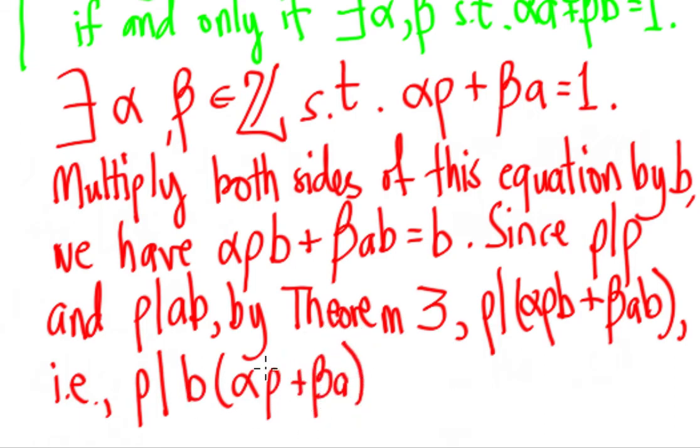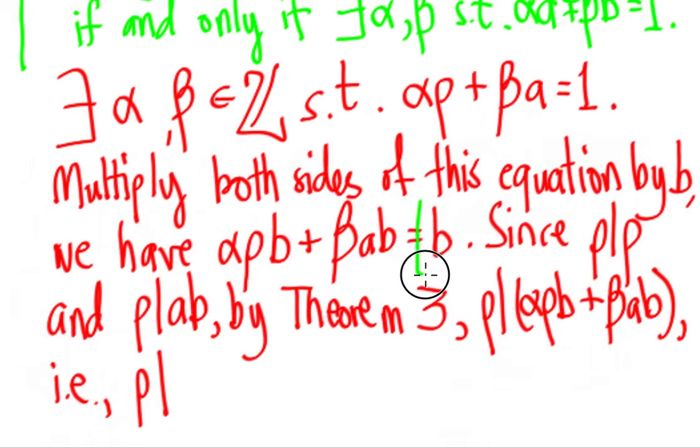We can see that alpha PB plus beta AB is equal to B. Since it is equal to B, therefore P divides B. And this is the end of the proof.